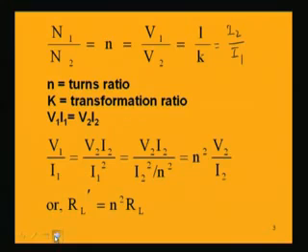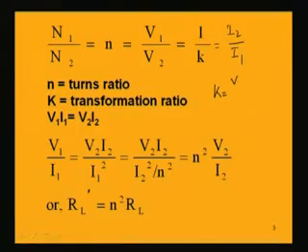That is, the ratio between the windings of the primary and secondary determines the ratio at which the supply voltage is transferred to the secondary side.